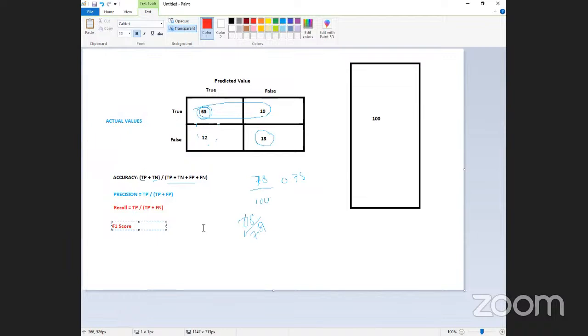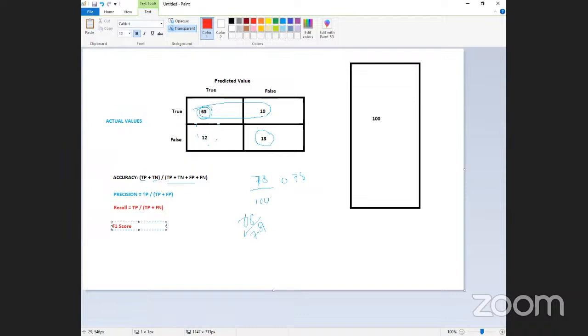Precision says how much true percentage there is, and recall is, out of all the accurate values, how much this algorithm predicted.